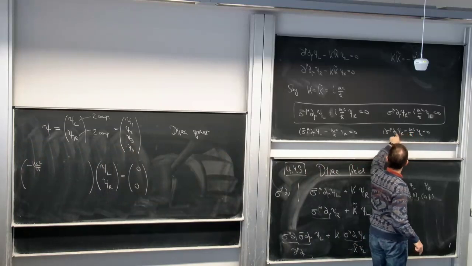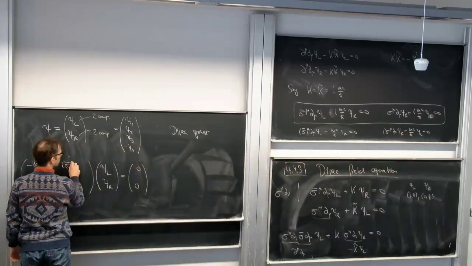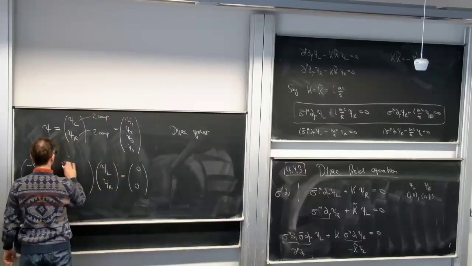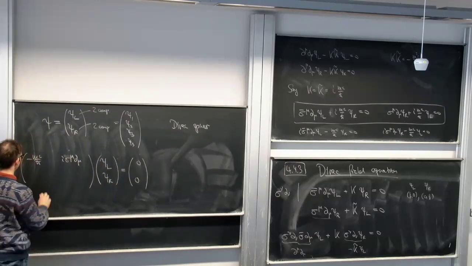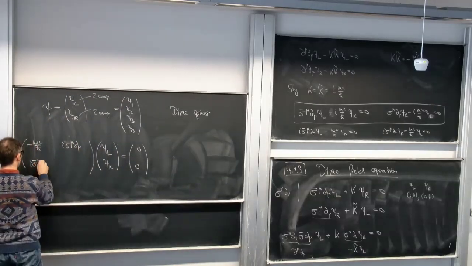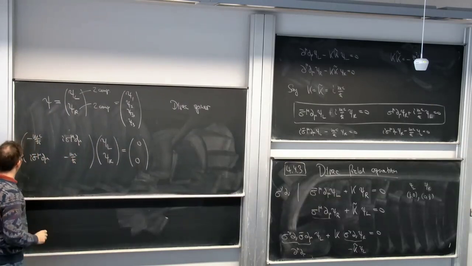Sorry, I was writing this first, and the other one is to be this. I sigma bar mu d mu, yeah. And then here it's I sigma bar minus MC over h bar, right?